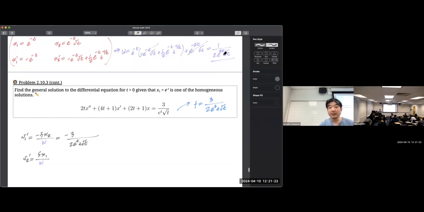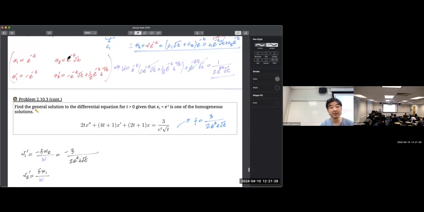W is the Wronskian. It's down here, but it's divided, so I'm going to put that on the top, but I'll also put the x2. So x2 is actually this thing right here, e to the negative t square root of t.